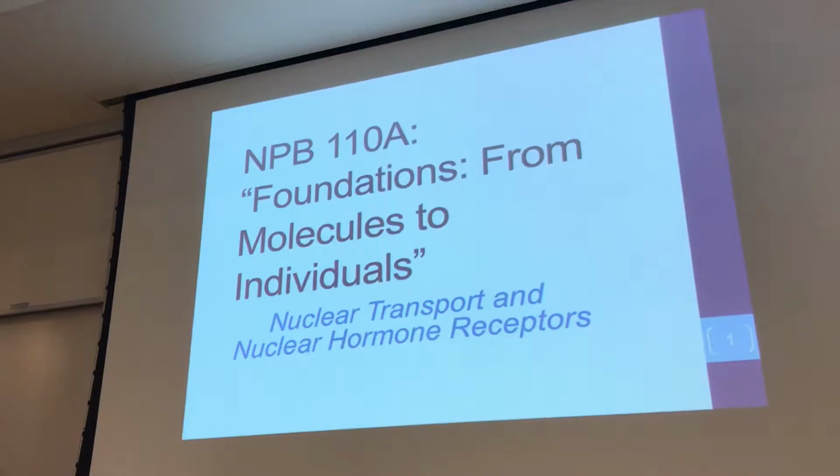Nuclear transport can occur using those nuclear localization signals, but if you're small enough, the nuclear pores are big enough that you can also diffuse in. So not everything that ends up in the nucleus gets there through some active process.